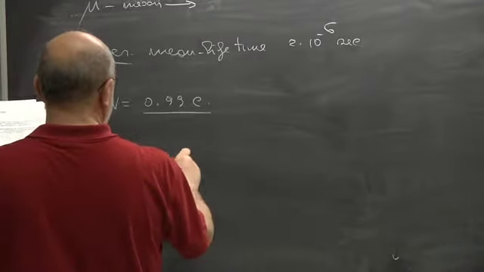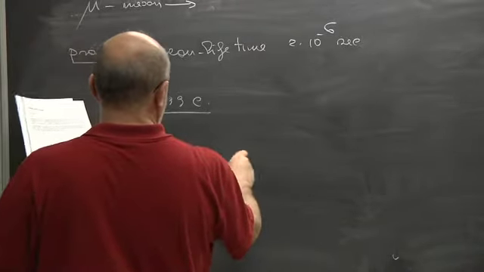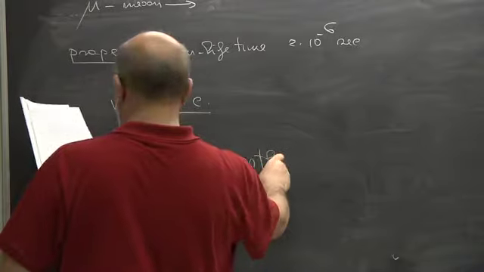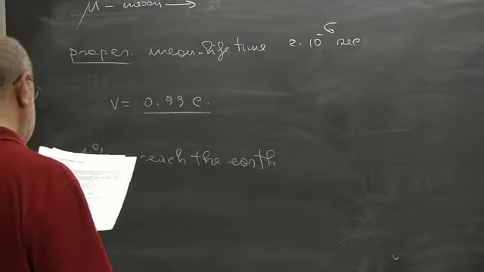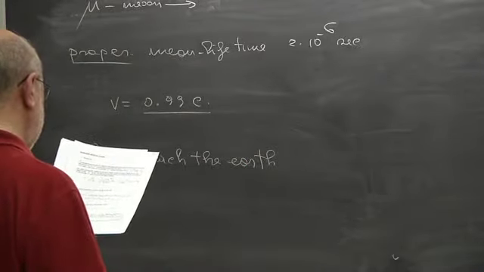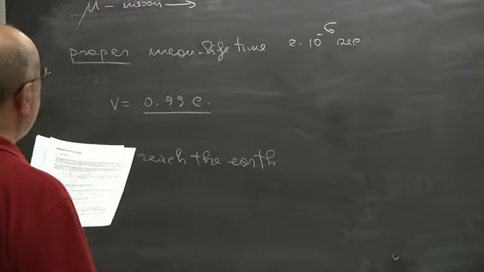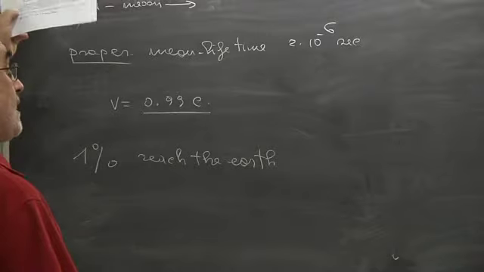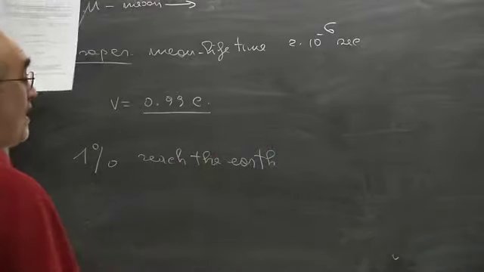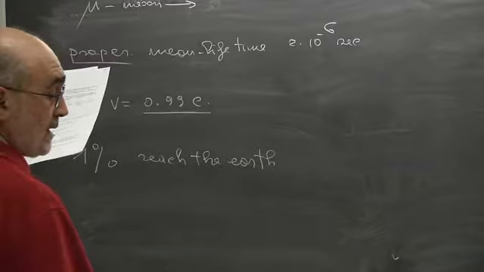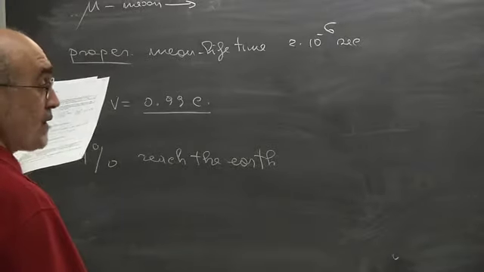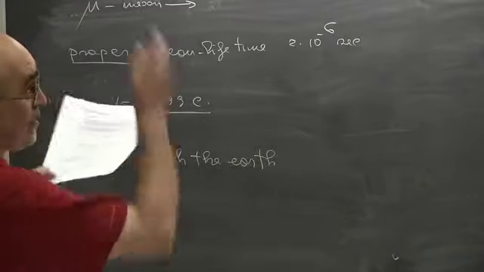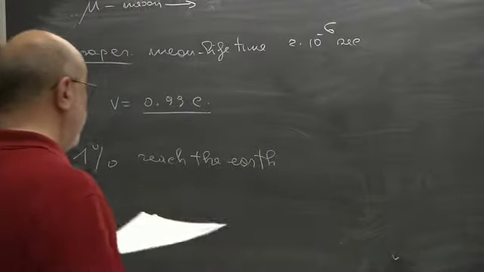Say somebody up there has 2 million particles, and you look down on the Earth and get only 1% of that. They want to know the height.